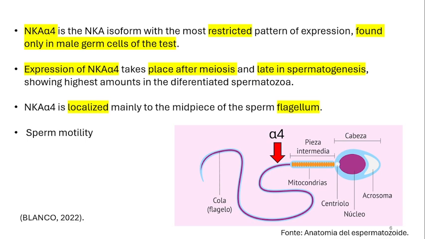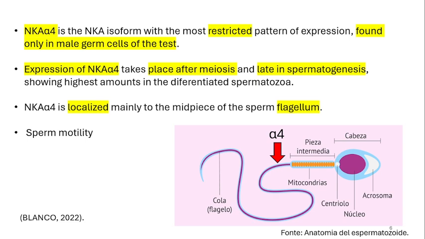So, alpha 4 is a type of alpha subunit that is found exclusively in sperm germ cells, in male germ cells.